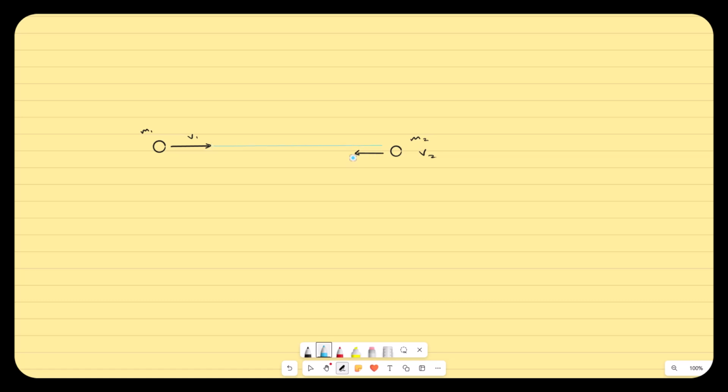This one wants to go this way, this one wants to go this way. So in the middle, when these collide, they are not colliding on their centers. This one will end up going off that way somewhere. This one will end up going off that way somewhere. This would be V1 final. This will be V2 final.